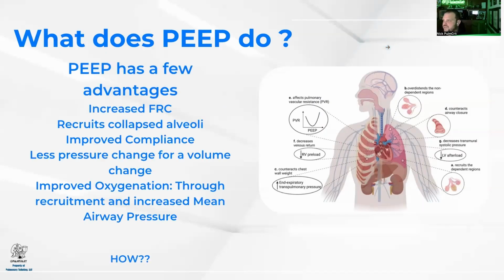Okay, what does PEEP do? So PEEP does a bunch of stuff, both cardiovascularly and from a pulmonary physiology perspective. It increases your FRC, so your functional residual capacity. So after a normal tidal breath, sort of how big your lung is after you breathe a normal tidal volume out. Sort of by definition, ARDS takes you closer to residual volume, so you get below FRC.